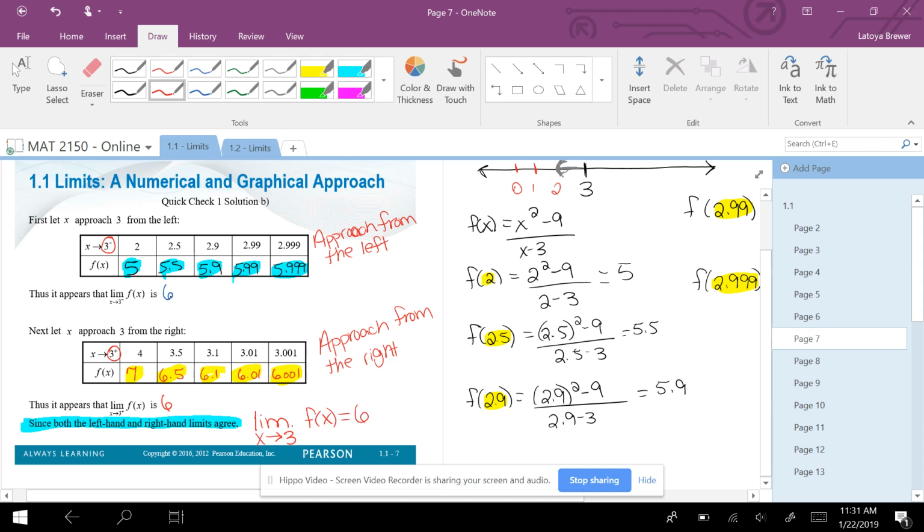So although I do not have a value at 3, I now know that the limit as x approaches 3 is 6. Okay, so the value that we're approaching, although we don't ever actually reach it. I hope this makes some sense to us.